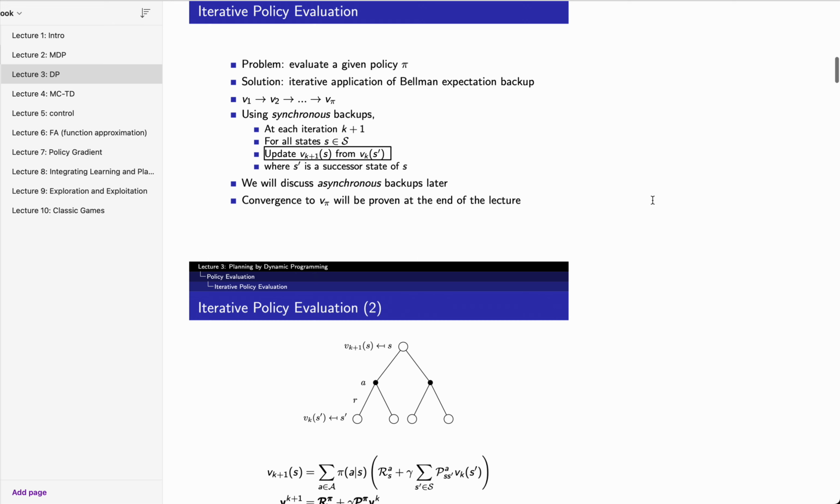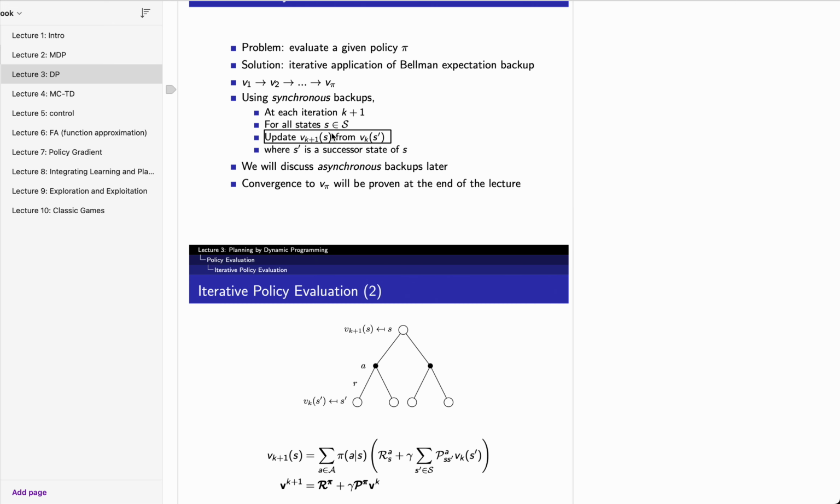At each iteration, for all states s, I'm going to update v(s). So k here is the iteration steps.